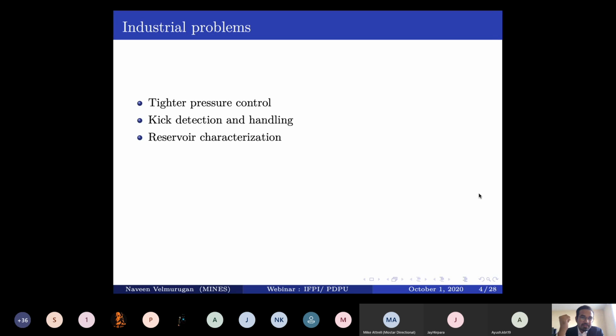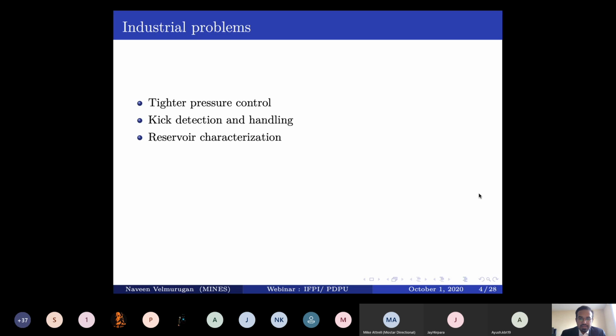And why do we need such models? Why do we need to model this fluid dynamics or the pressure dynamics inside such systems? Because the industry is facing a tighter pressure control problem where the wellbores that we have right now are having a narrower drilling window. You're going to drill deeper.